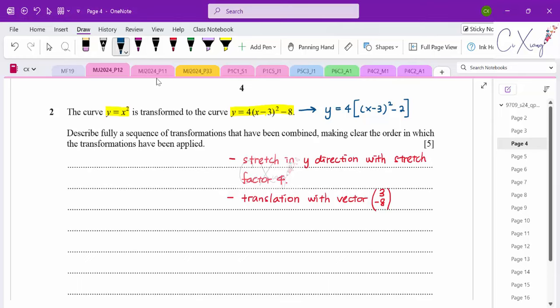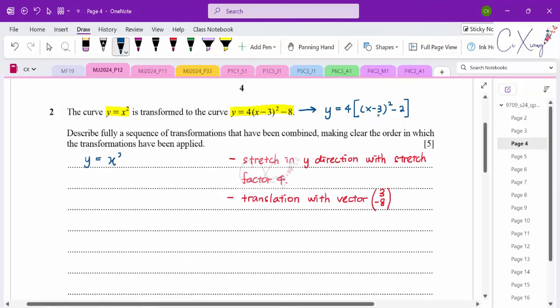If you are seeing it in this way, the alternative solution is changing y equals x squared into something like this. What's the proper sequence here? Originally you have x squared, and after that you make it become (x minus 3) squared. That means it is a translation in x.